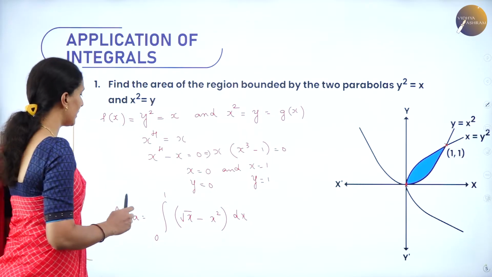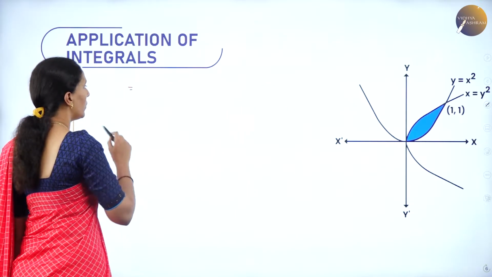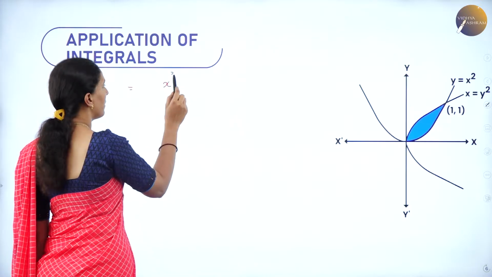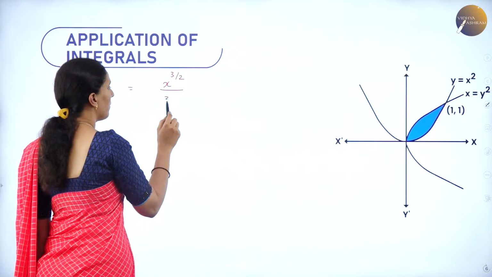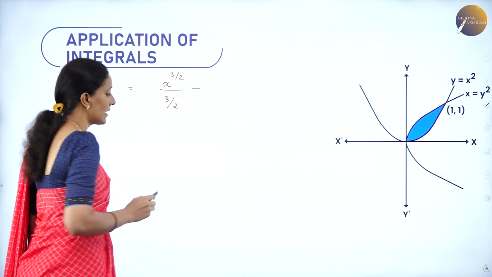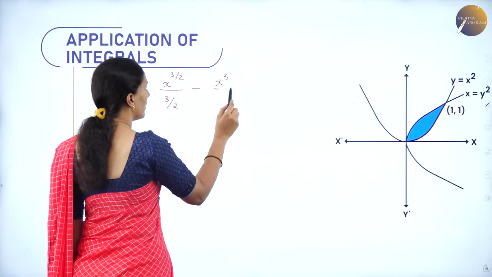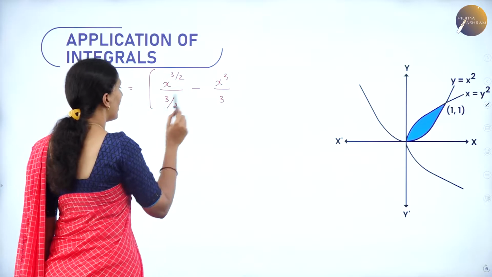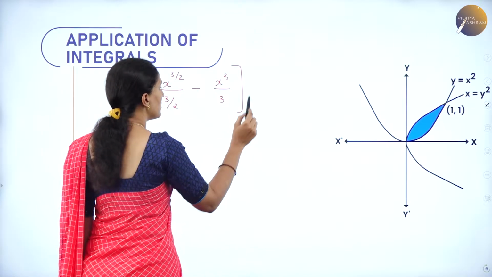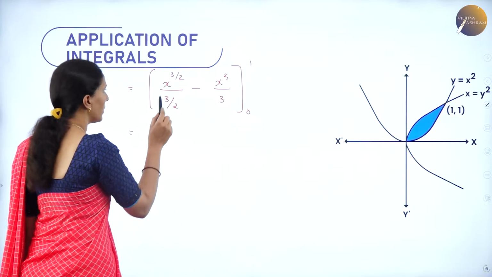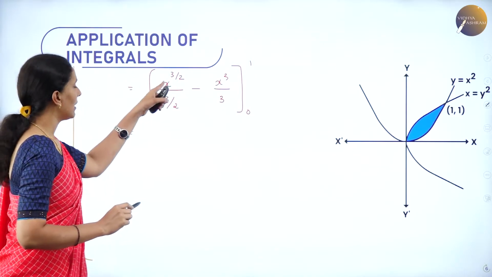Now let us integrate here. Again, root x becomes x to the power 3/2 divided by 3/2, minus the integration of x square, which is x to the power 3 divided by 3, and the limits are from 0 to 1. So here you can apply the limit as 1.